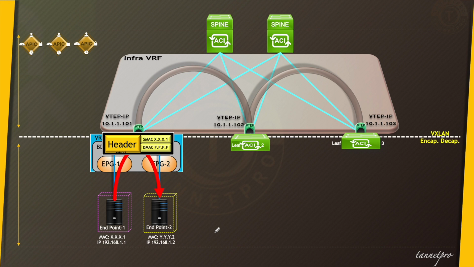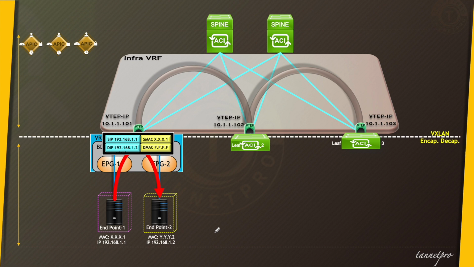Then it stores the source MAC address in its table as a local endpoint MAC address. Not only that, ACI is more clever and more intelligent than you think. It de-encapsulates, removes the header, and knows the source IP and destination IP. Then it stores the IP address also. This is how it stores the IP as well as MAC address using your ARP request.